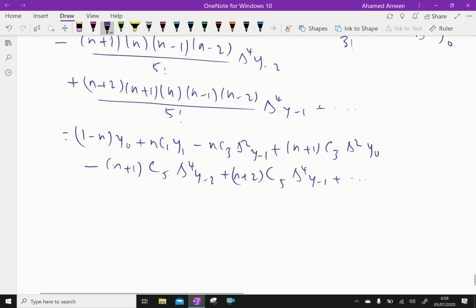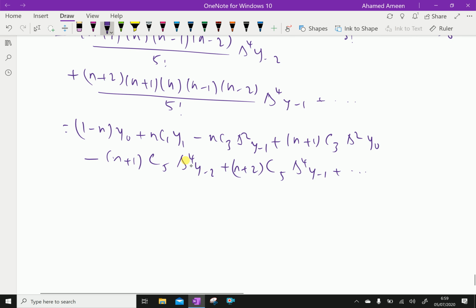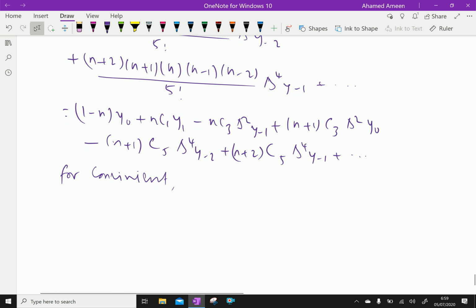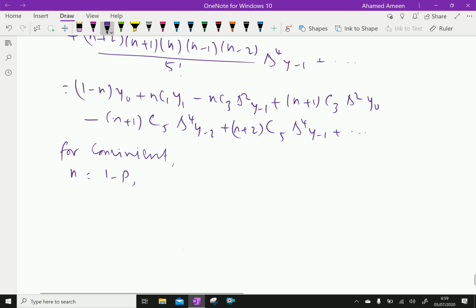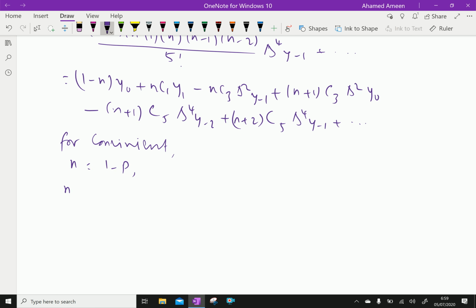Now for convenience we can put n equals 1 minus p. Then for nC3 we can write in terms of n, n into n minus 1, n minus 2 by 3 factorial.